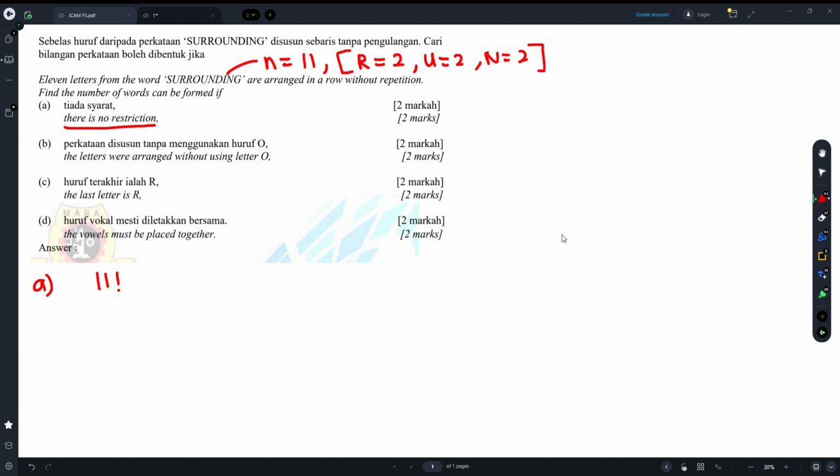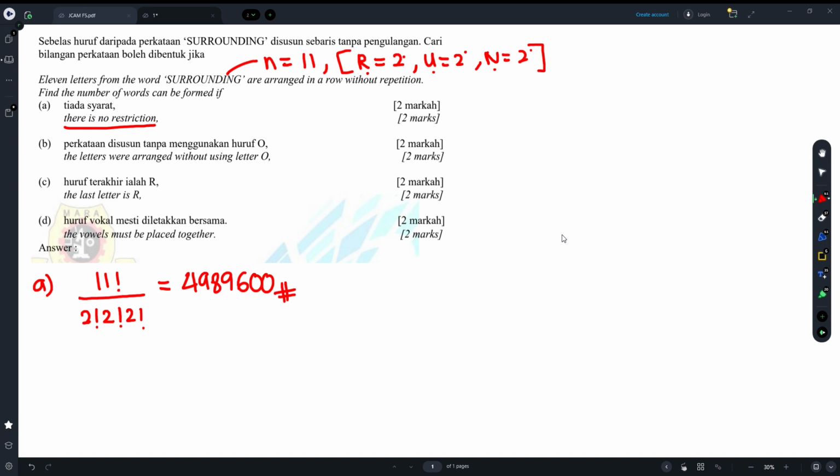But we cannot stop here because we have repeating letters, which are R, U, and N. So we divide by 2 factorial, divide by 2 factorial, divide by 2 factorial. We have to do this because they are repeating letters. So we're going to end up getting 4989600. That should be the answer for part A.